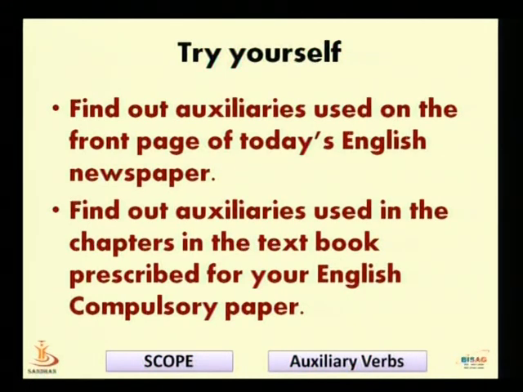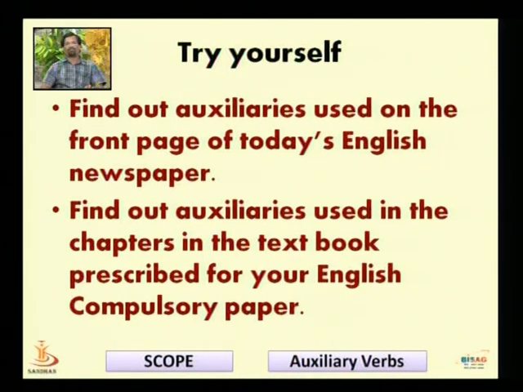Try also to distinguish between the auxiliaries used in the sentence in two different categories, I mean the main and the auxiliary verbs. Next you can do is find out auxiliaries used in the chapters in the textbook prescribed for your English compulsory paper. This is very easy, I think, for all of us, because I am sure all of us have the copies of the textbook which is prescribed for your English compulsory paper.